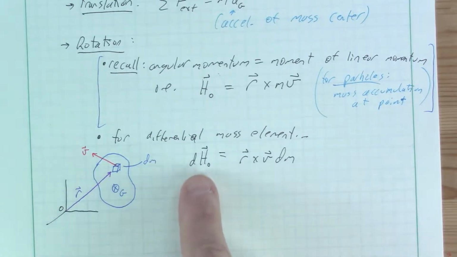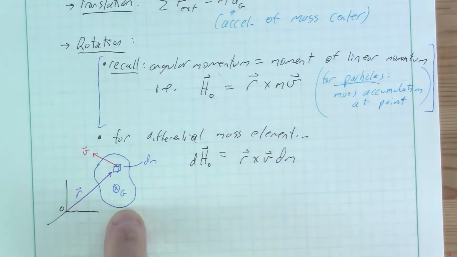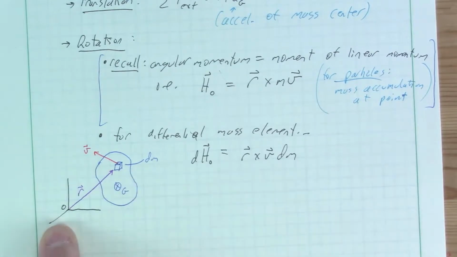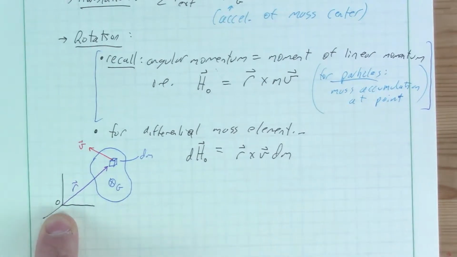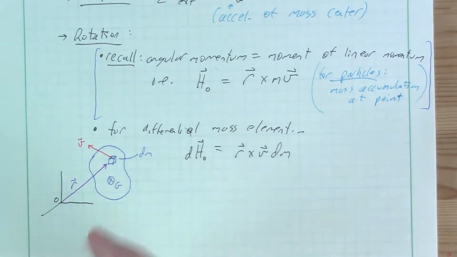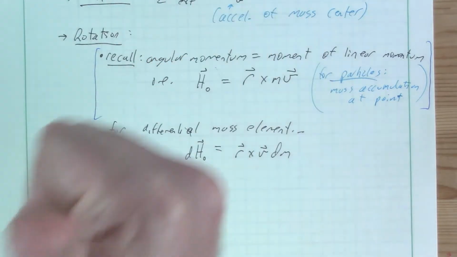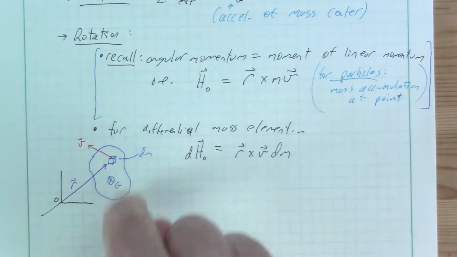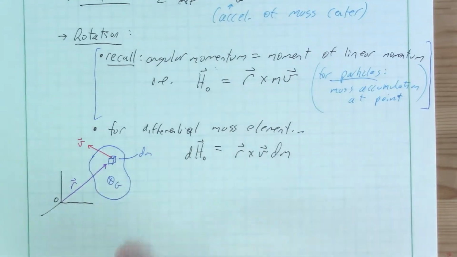The contribution to the total angular momentum for the object from that little dm is given by this: take its position vector from the origin of the coordinate system of choice, cross it with v, and you get a rotational contribution about the origin from that little element. You do that for all the other elements, and you get the total.